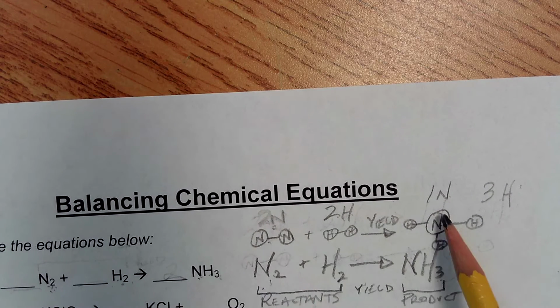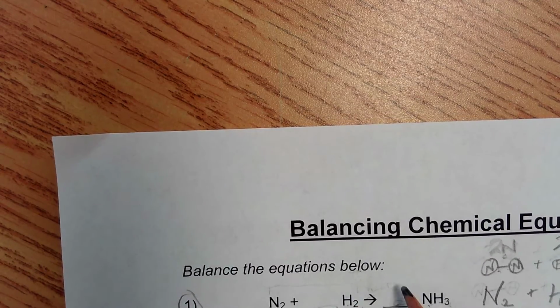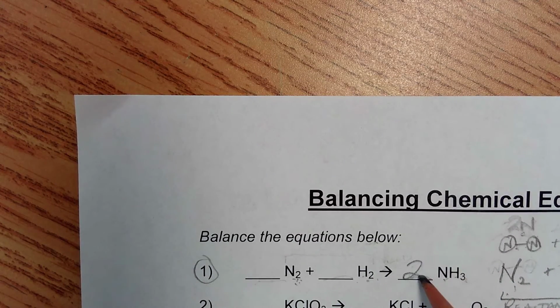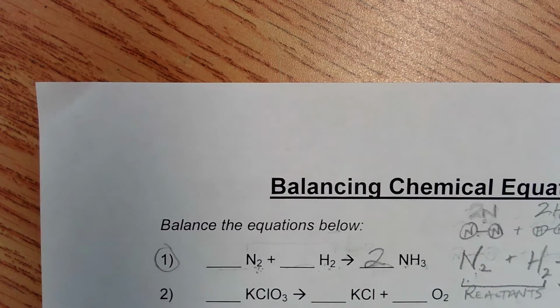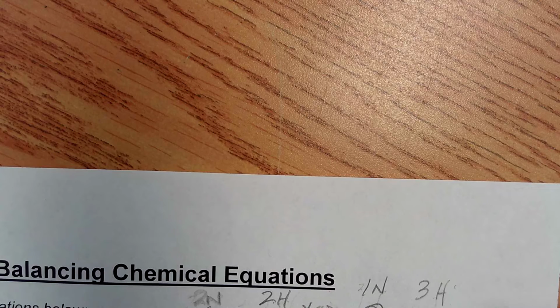There's 2 on the left, 1 on the right. I already said why I can't break this apart. But what I can do is this: I can make this 2 NH3s, okay? So in other words, I can do this. Put a coefficient here. And what that tells me is basically now I've made 2 different molecules here, 2 ammonia molecules, right?